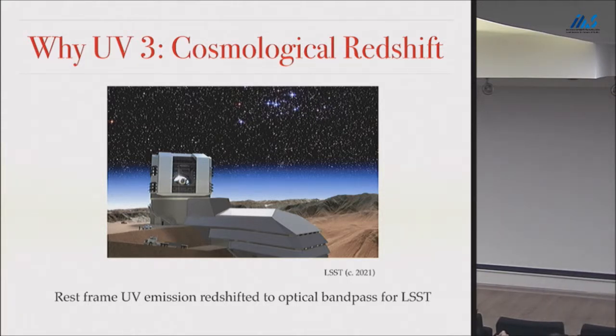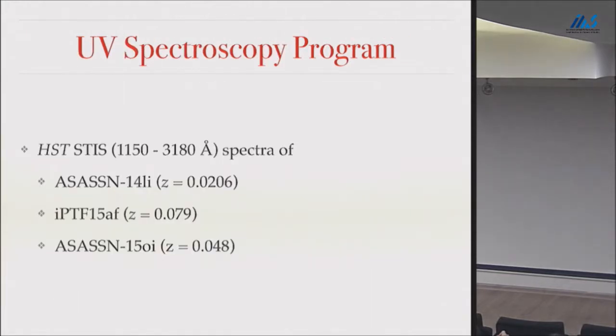So far we've triggered this on 3 sources. We heard about 2 of these from Thomas's talk: ASASSN-14li, which is at a distance of 90 megaparsecs, and ASASSN-15oi, redshift of about 0.048 or 0.049. And I'll talk very briefly about iPTF15af, slightly larger redshift than this.